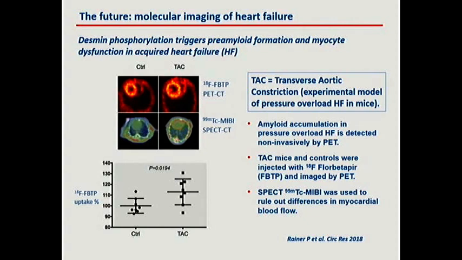And this is the last slide, which apparently shows that there could be a trigger for desmin phosphorylation in acquired heart failure.